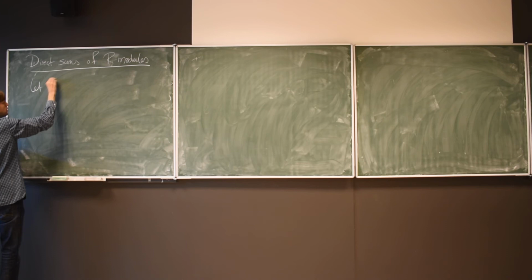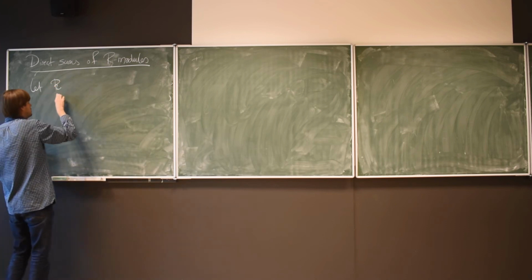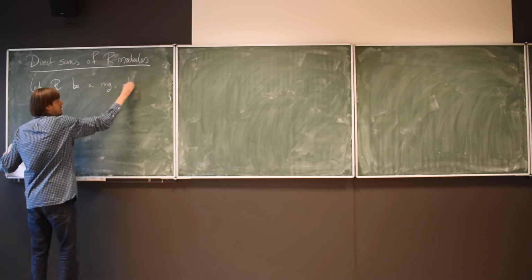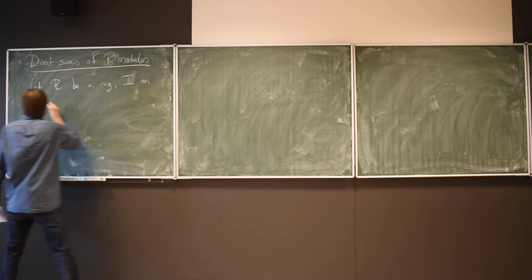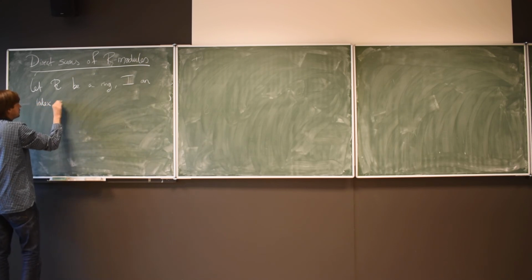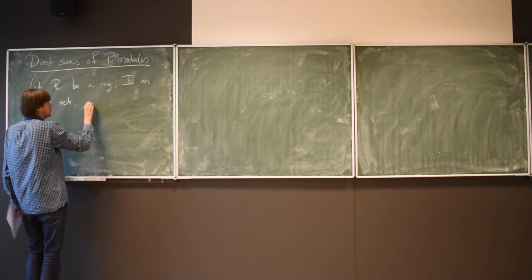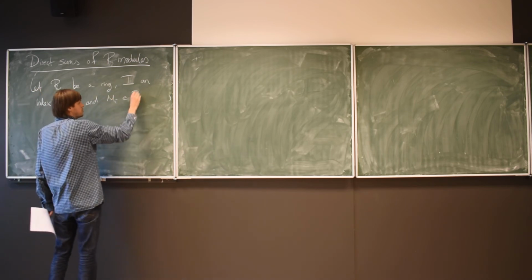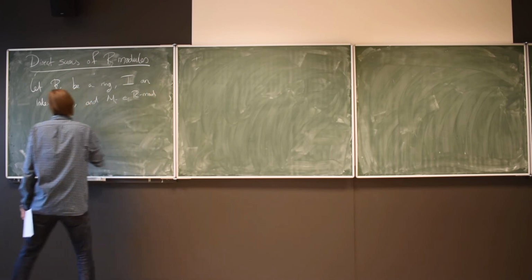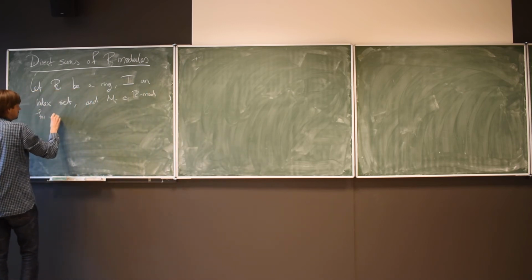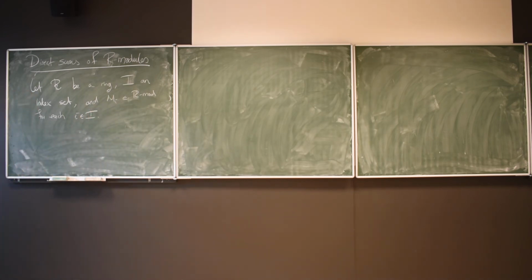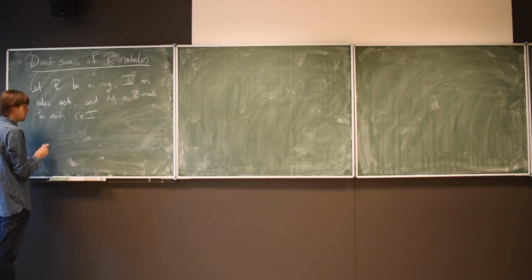So we start again with a ring, so let R be a ring, I an index set, and Mi an R module for each i in I. So I defined this product.